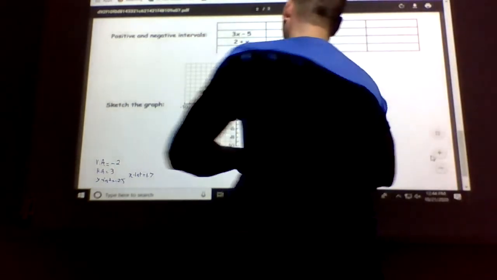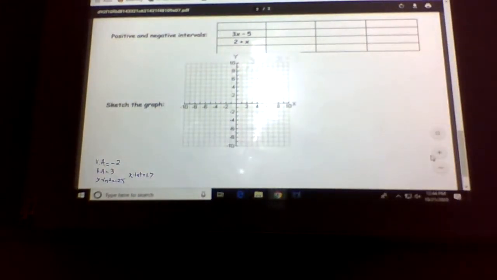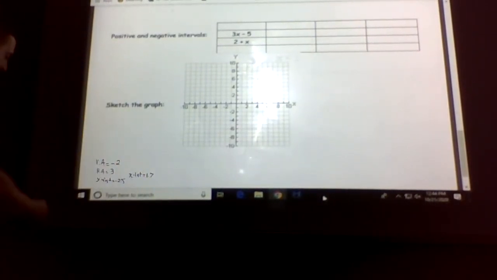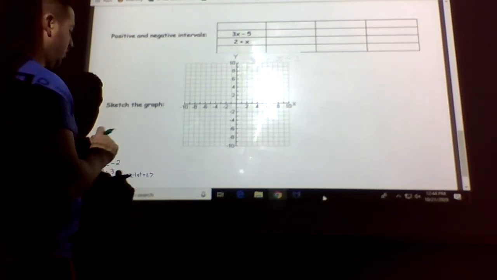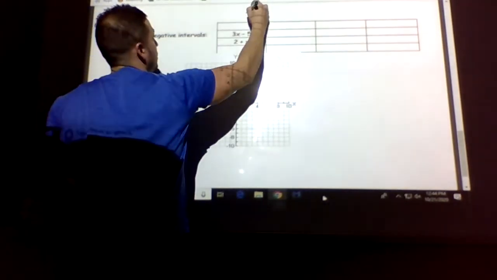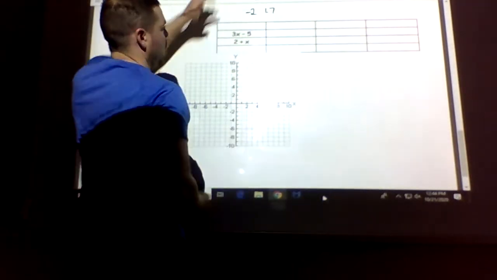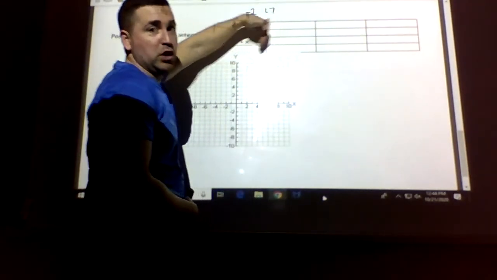Okay, so to make this chart, again, you take your vertical asymptote and your x-intercept. Our vertical asymptote is negative 2 and our x-intercept is 1.7. So we're going to go, what are the values below the lowest number?